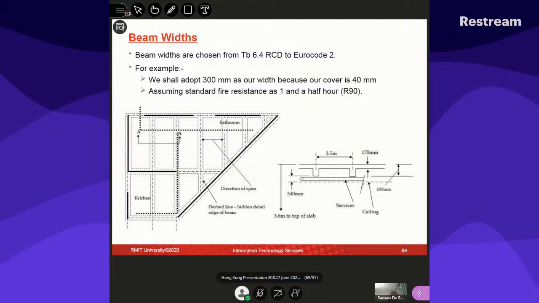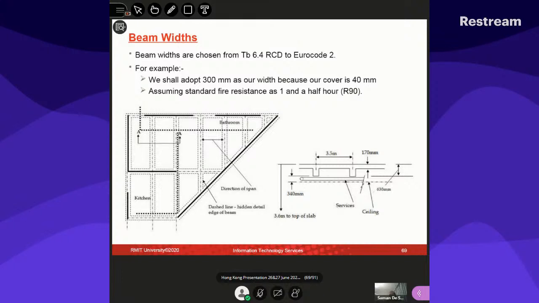I wouldn't do that. 3.5 is a very, very short span. I don't think that is efficient, but you can try. What's the best that you can get?